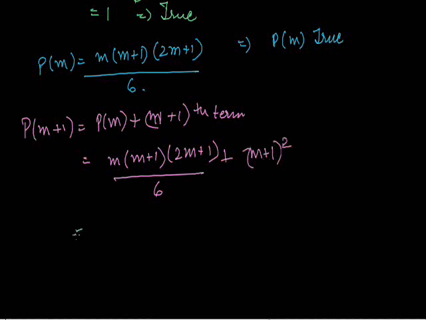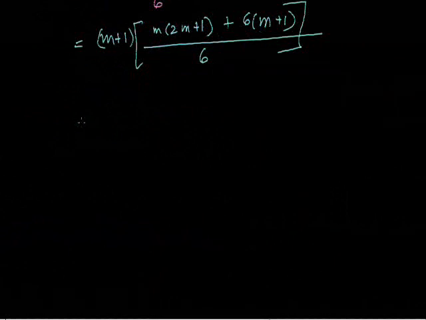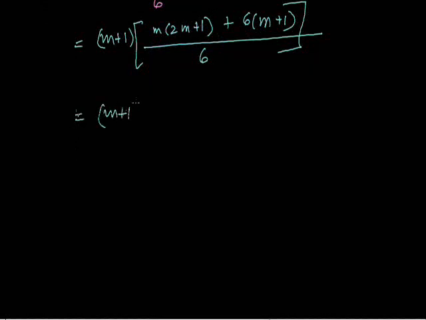Now further solving it, taking out m plus 1 common, what we are left with is m into 2m plus 1 plus 6 into m plus 1, because we have taken out m plus 1 as common and even taken the LCM. So on further solving it, what we are left with is 2m square plus m plus 6m plus 6 upon 6.